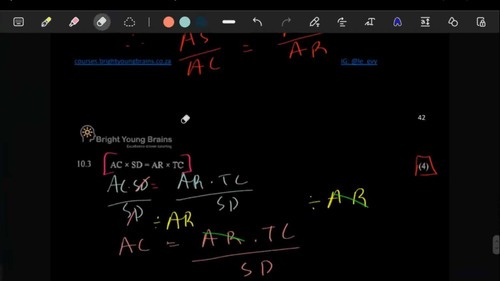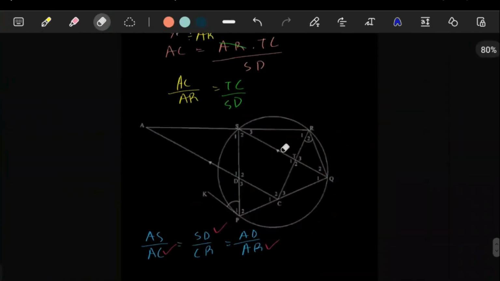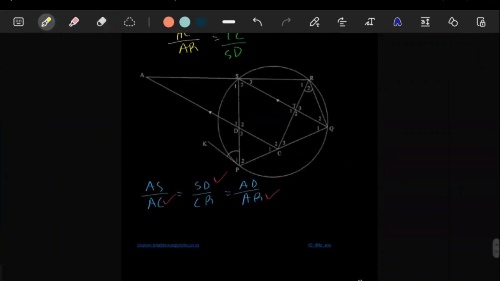So we said we're starting somewhere here. Looking at this expression, SD, AS, AR, and TC, let's see what we know. We know these two triangles, the small one and the big one. We can have many different expressions based on whatever we may need.